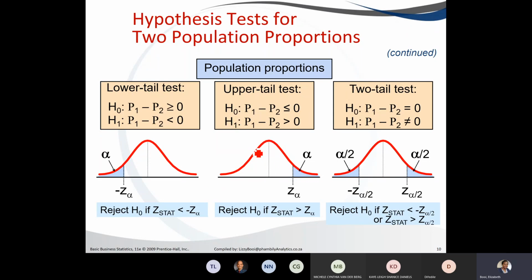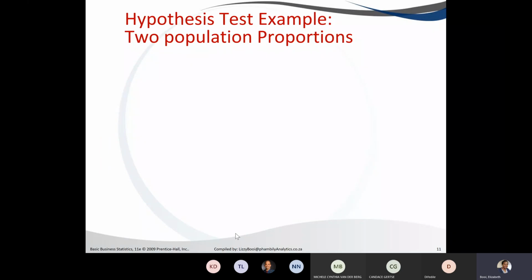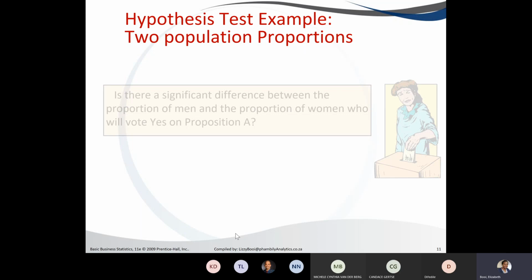So once you calculate your z-test, if it falls in the negative side of the area, you reject. If it falls in the positive side of the shaded area, you reject. And if it falls in between the two, in the white area, you do not reject the null hypothesis. So let's look at an example of how we use this.